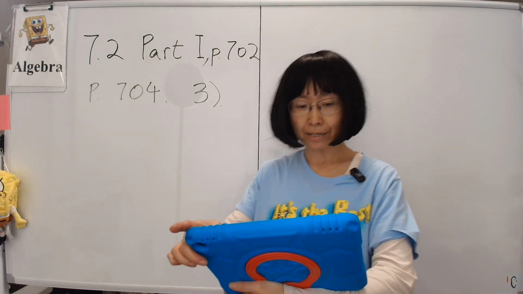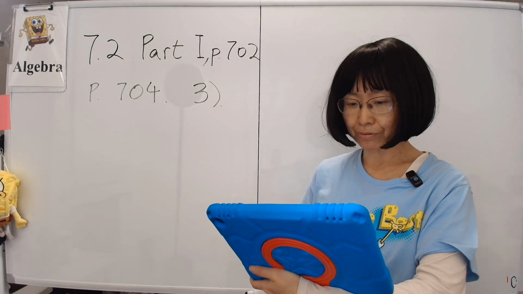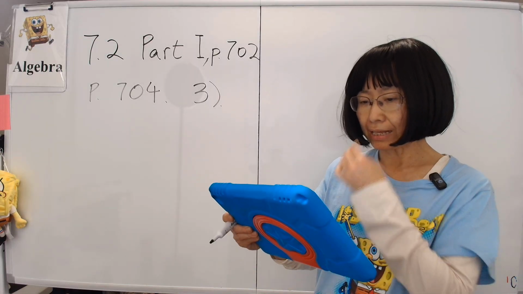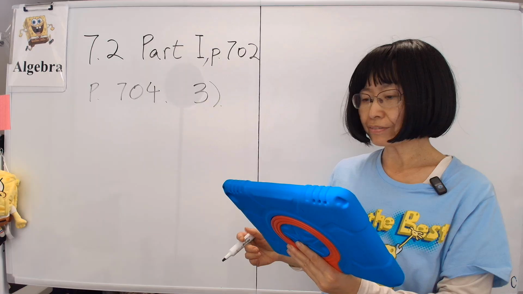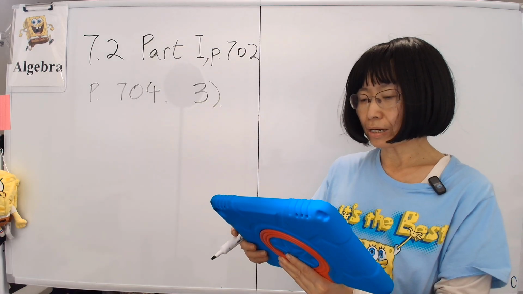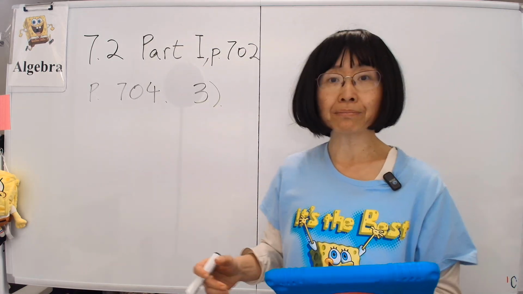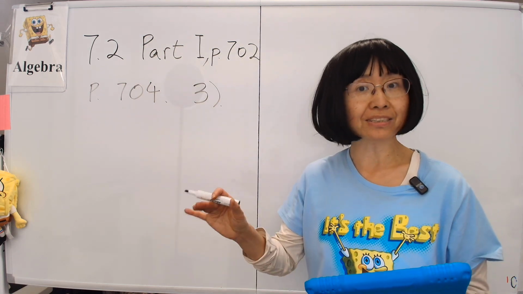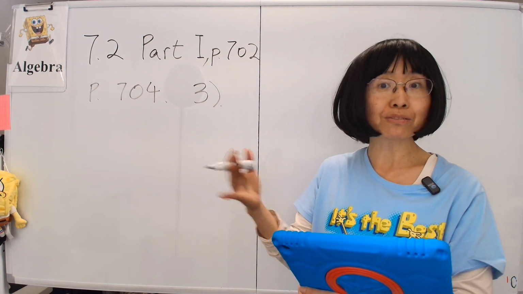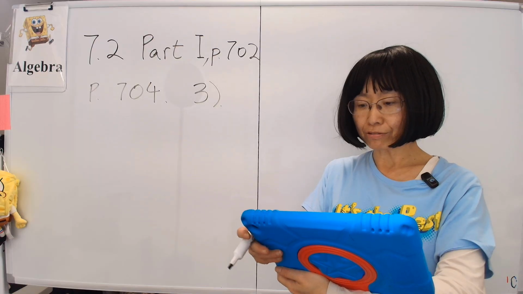Next, let's look at page 704, example 3. Now, let's consider somebody who invested $12,000. In this problem, I'm just going to write down the numbers without the thousand. So our unit will be thousand. Each 1 means 1,000, and 12 means 12,000.